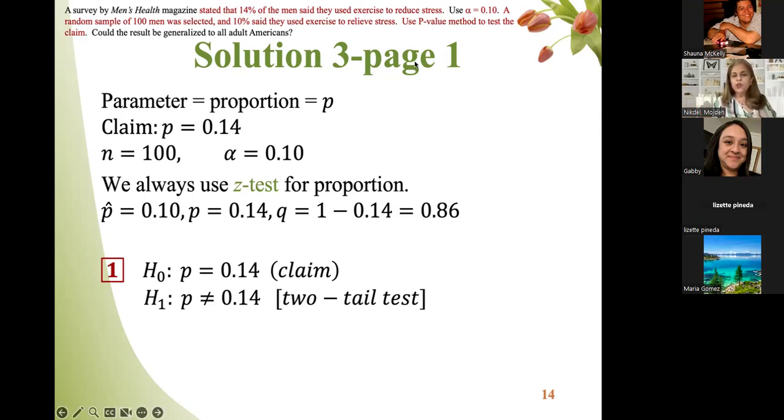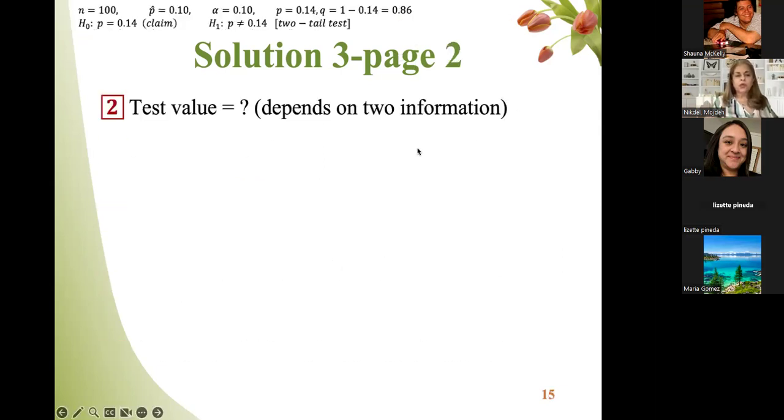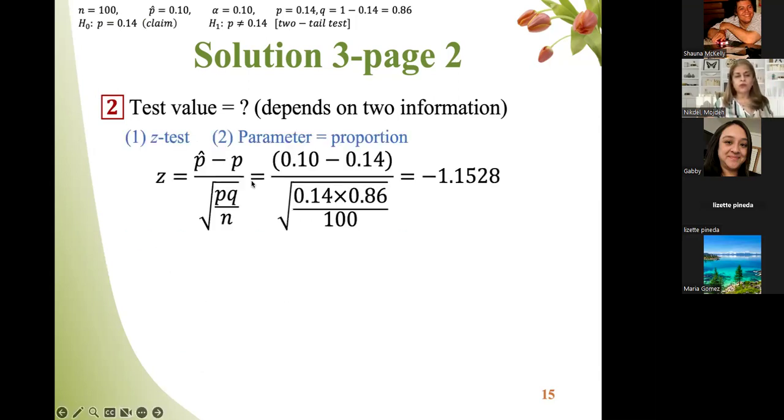Now, since we are using the p-value method, the second step is to find your test value. All the steps for the traditional method and the p-value method are given to you in the formula sheet. For the test value, your parameter is P, and we are using statistic Z. Here is the formula one more time. p-hat was 0.10, and P is from the null, 0.14.